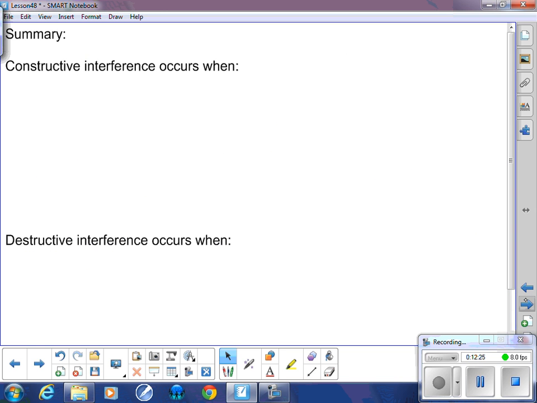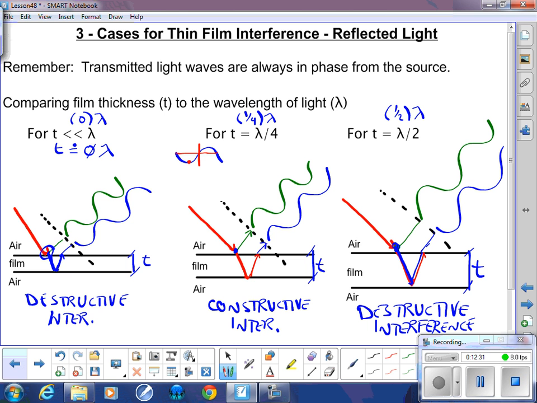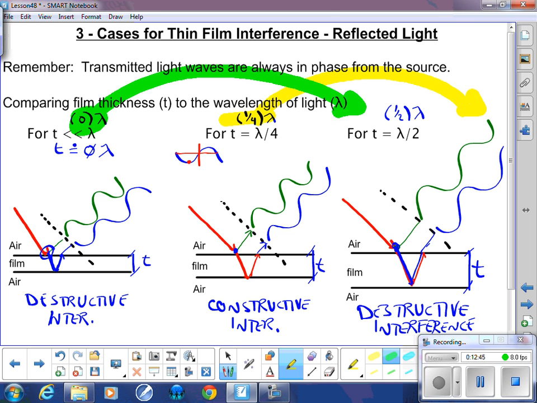So then when we go to the summary here, we know that constructive interference is happening every half lambda. Okay, so constructive interference right here. The next one will be at 3/4. All right, our destructive interference started at 0 and happened at a half.